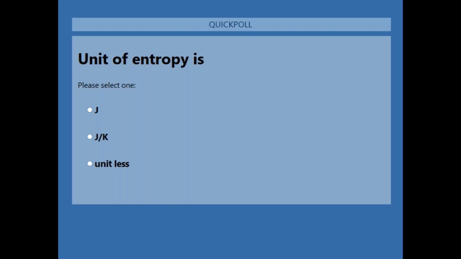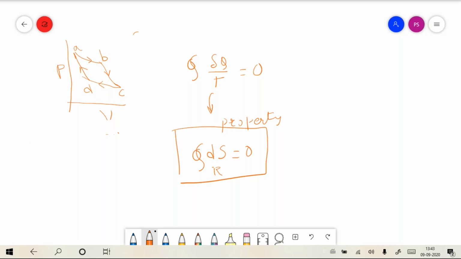Let me summarize what we had discussed so far, and then we will close the discussion. We had started with the Clausius theorem, and we said that the Clausius theorem is the cyclic integral of del q by t for a reversible cycle is equal to 0.